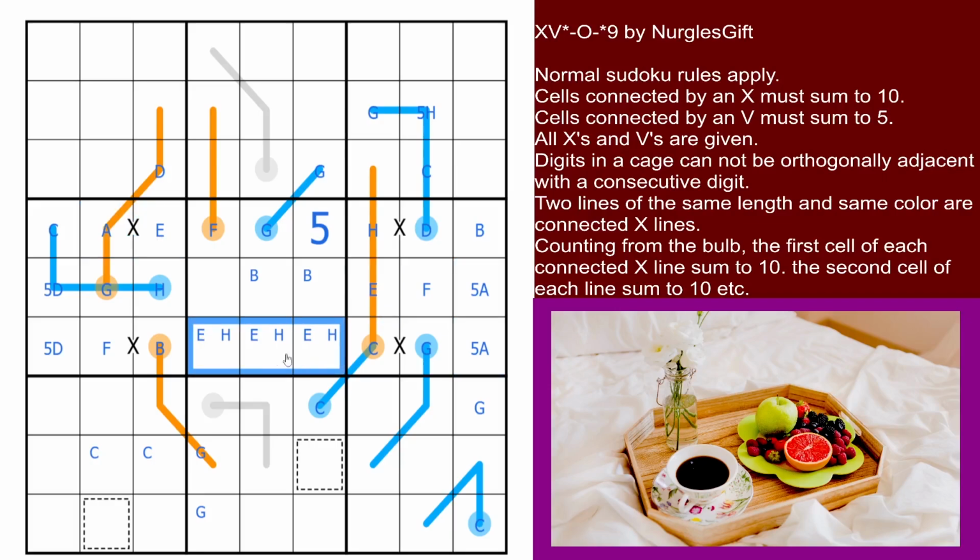So that EH, that means this cannot be A or D. So this is EHAD, right? EHAD, and that cannot be A or D. Must be EH. Okay. Let's just remove this pencil also.